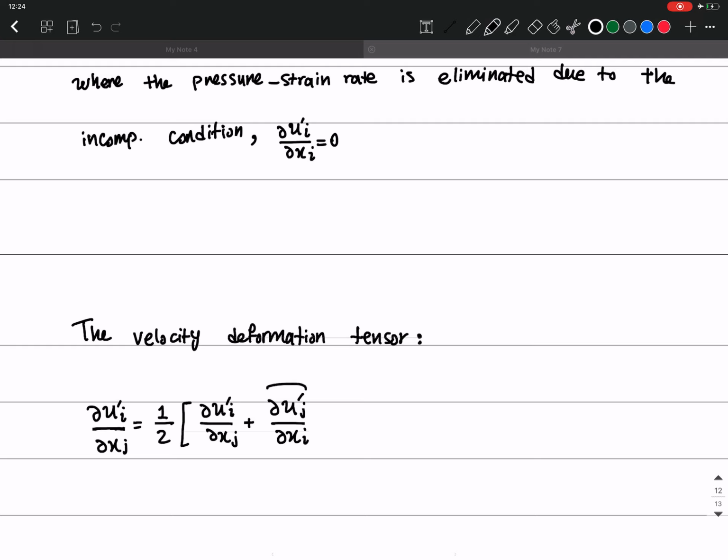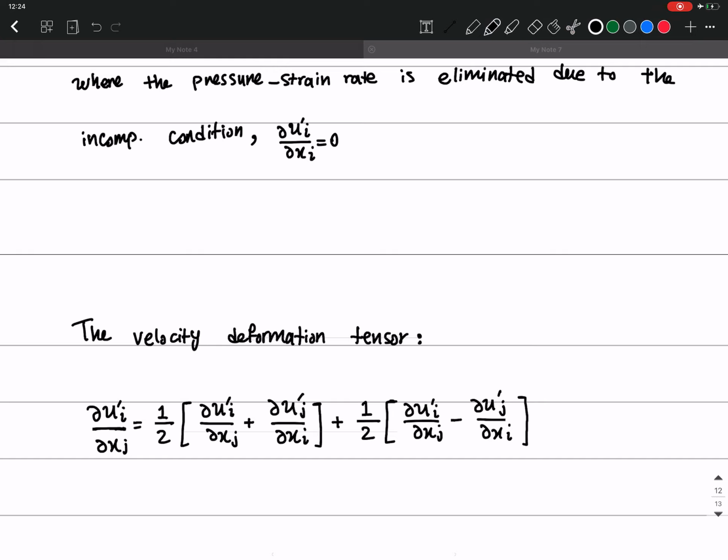Then we have plus 1/2 again of partial u prime i over partial xj, and then subtract this term that we added, so minus partial u prime j over partial xi.